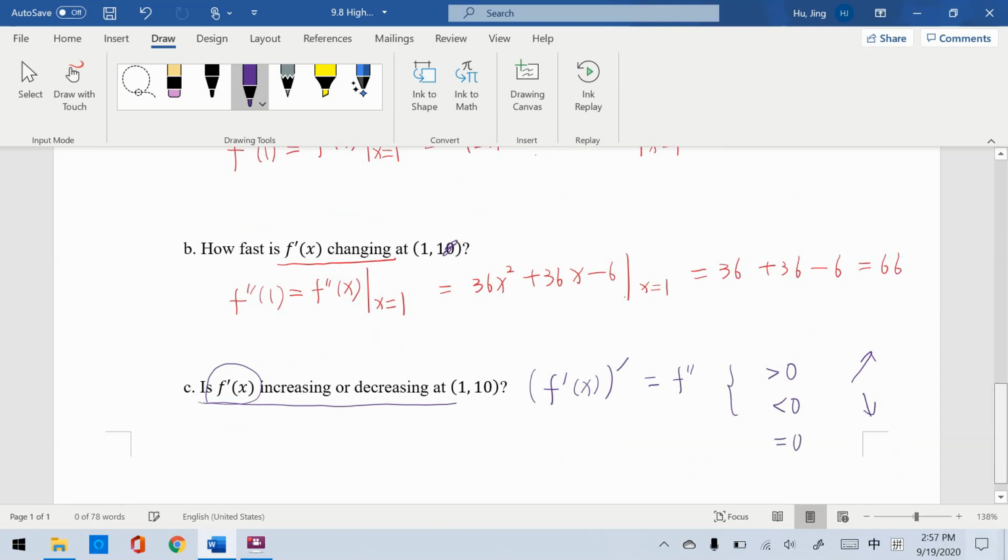If equal to 0, there's no change, just flat, horizontal. This tangent line is horizontal, the slope is 0. Here it means the slope, because the derivative is the slope. That means at that point, a slope greater than 0 is increasing, less than 0 is decreasing. So here we got 66, greater than 0, so we know it's increasing.